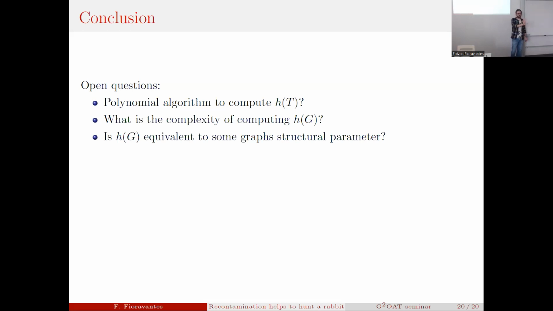So we know about the hardness of the monotone Hunter number, but nothing about the Hunter number. And then it would also be nice if we saw some structural parameter which corresponds to the Hunter number, the way that tree width corresponds to a graph searching game, or path width, similarly. And that's it. Thank you.